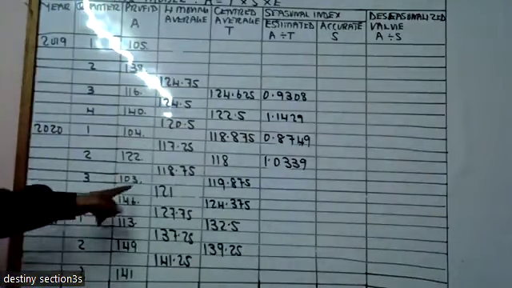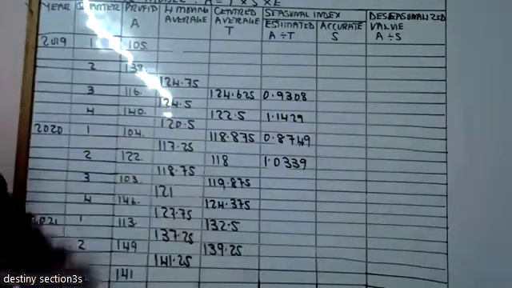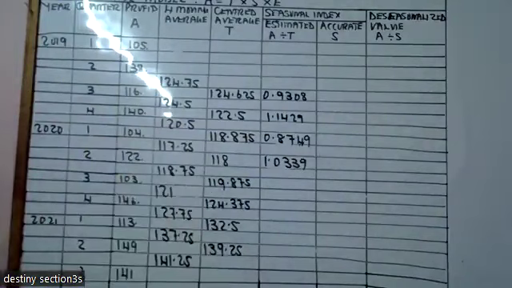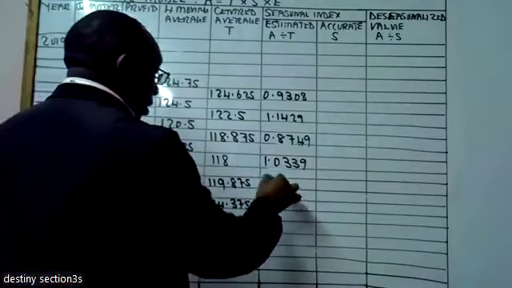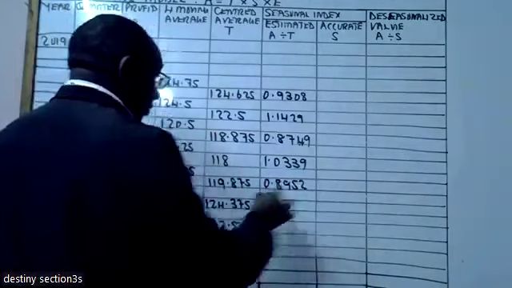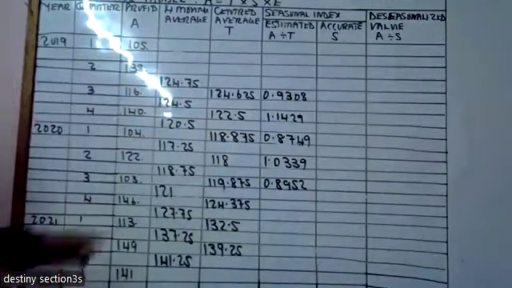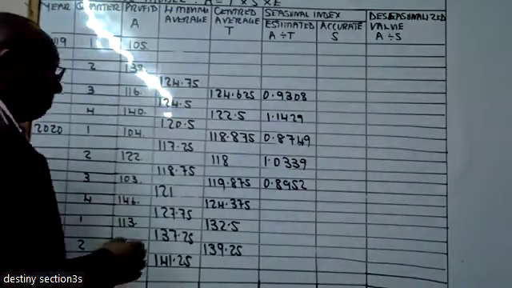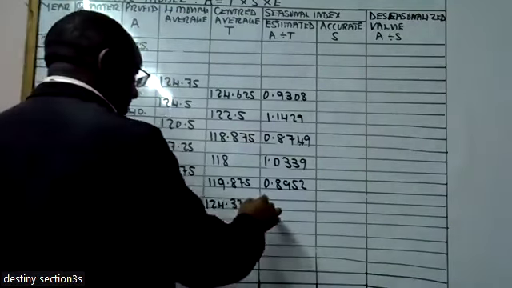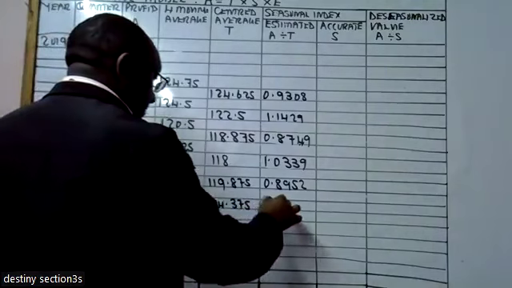Okay, let's go to this other one, 103 divided by 119.875. 0.8592. Then the next, 146 divided by 124.375. 1.1739.